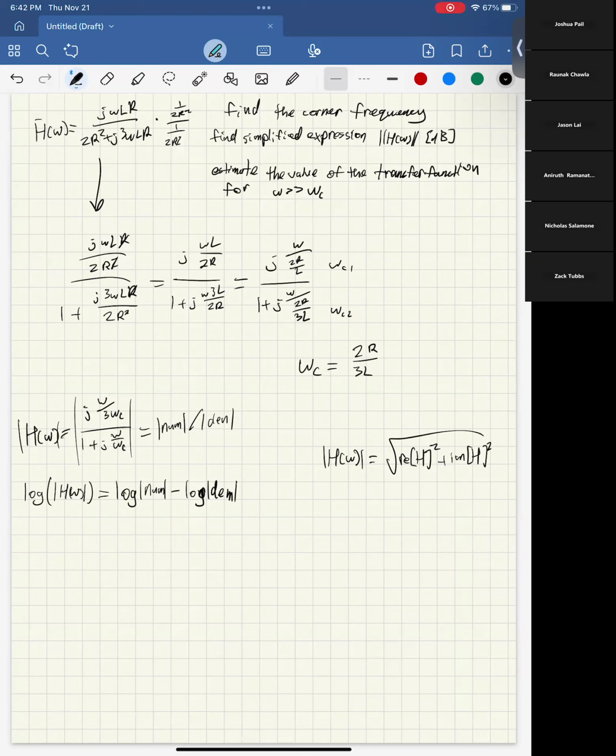So in this case, the magnitude of the numerator, judging by this expression here, is just the imaginary part, because there's no real part, right? And since we're actually looking for this in decibels, it's going to be 20 log.